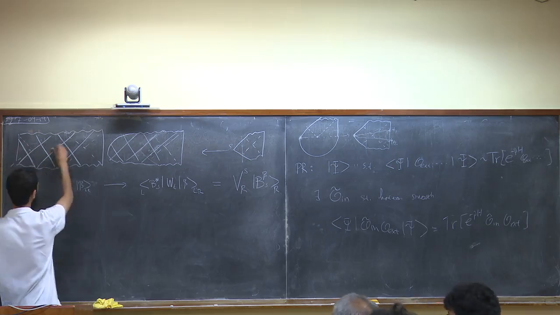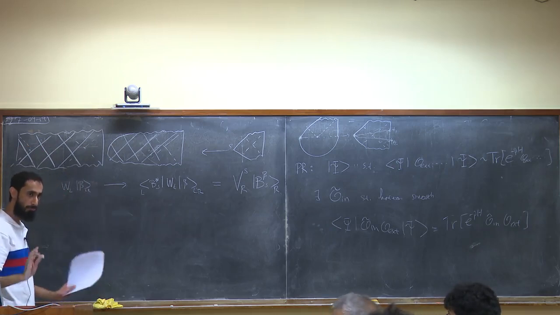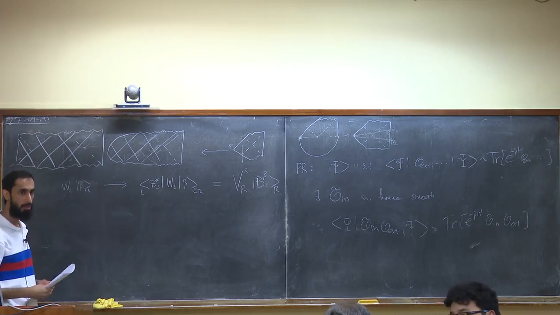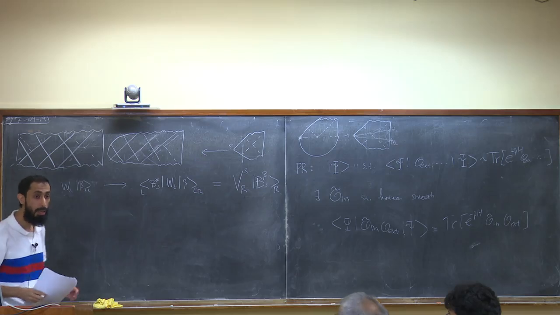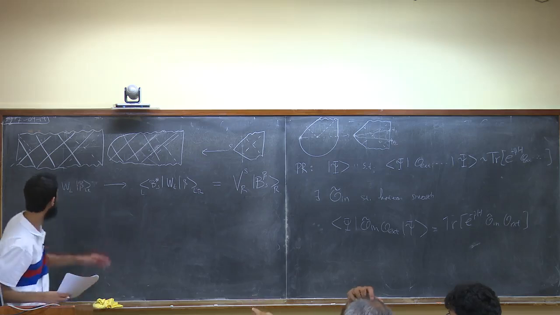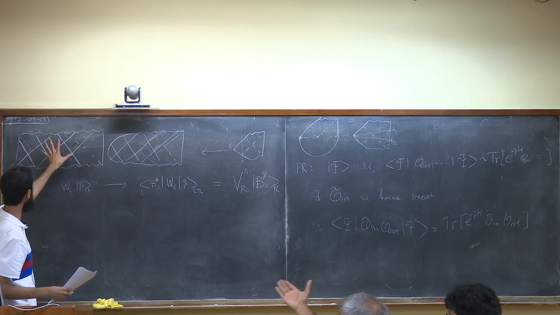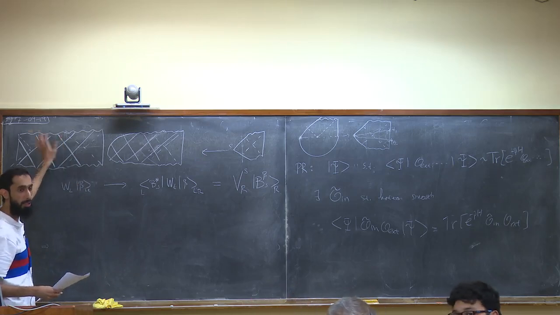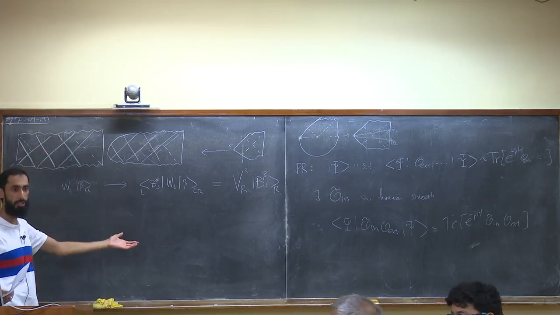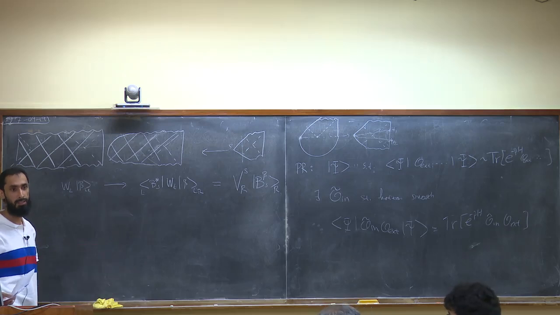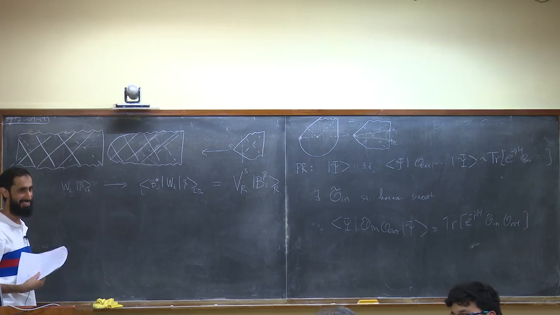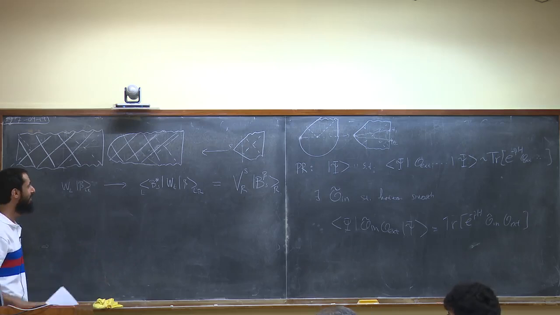There's some path that goes from one side to the other, but that path does not go through any one of the horizons or any one of the interiors. Does it? I mean, this is the interior here. How can you go from one exterior to the other without going through the interior? Maybe I misunderstood. You go on.